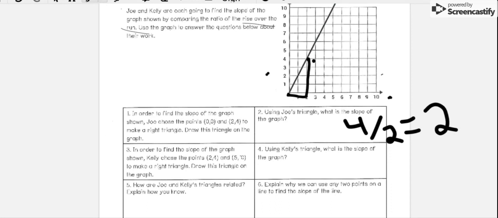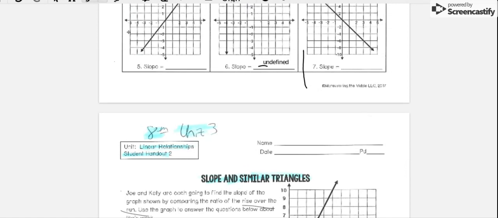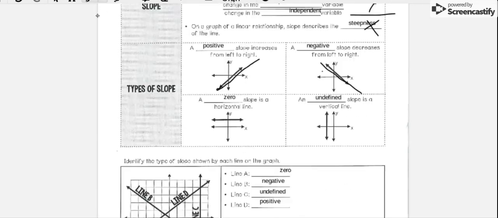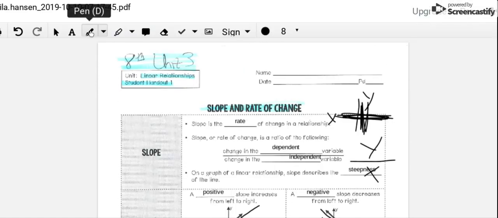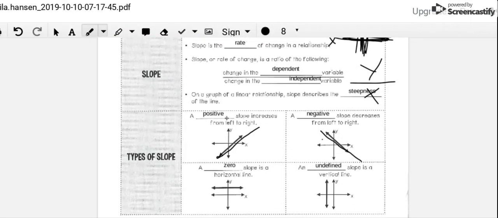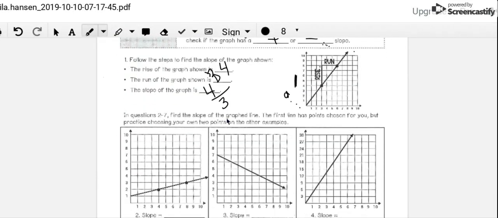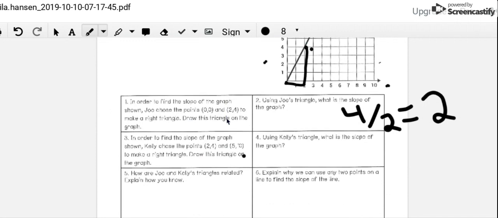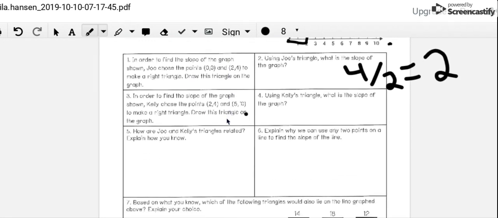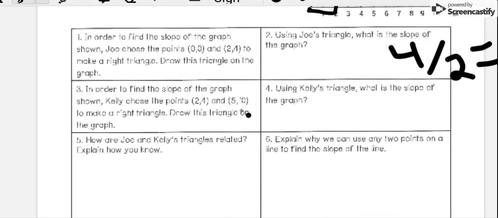Let's see here. I am having major difficulties here. So we're trying to see if that is 5, 0.